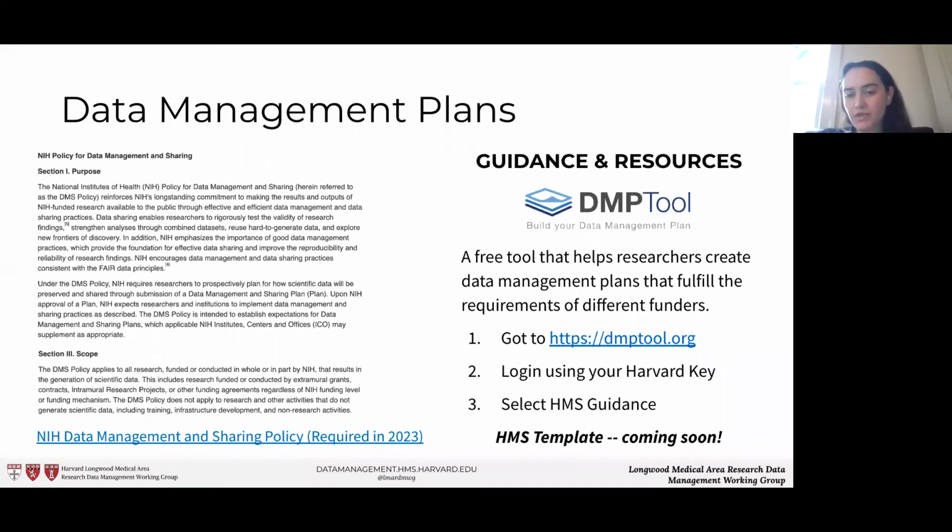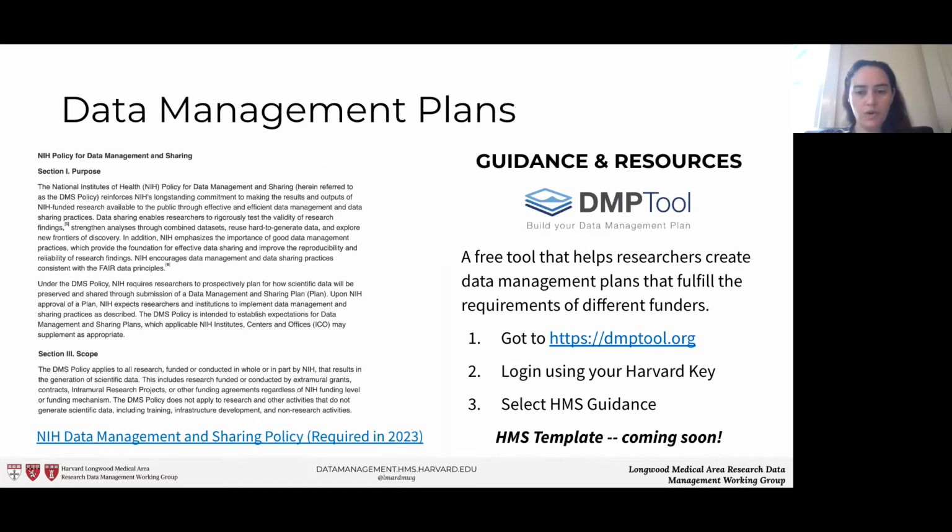Can we point to specific resources if you're collecting data from human subjects and need to plan for how you're going to share that data for secondary research when the project is over, and things of that nature? So we are in the final stages of vetting that resource and hope to be able to publish that soon.